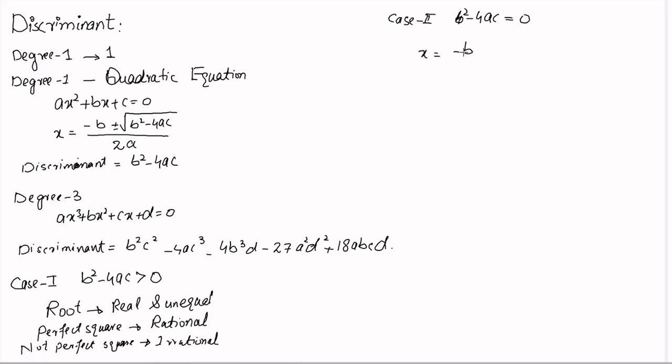We have minus b divided by 2a plus minus 0. So we have the root minus b by 2a, which is the form of equal roots or double roots.